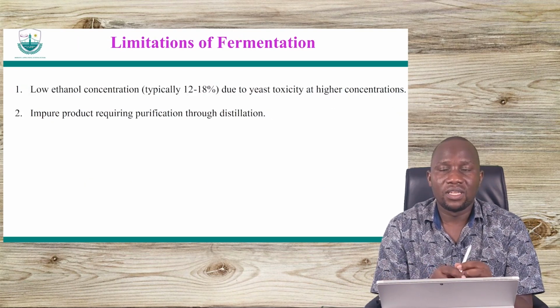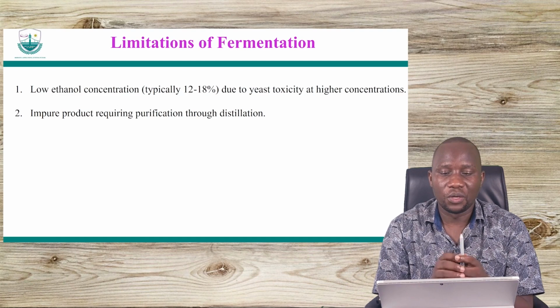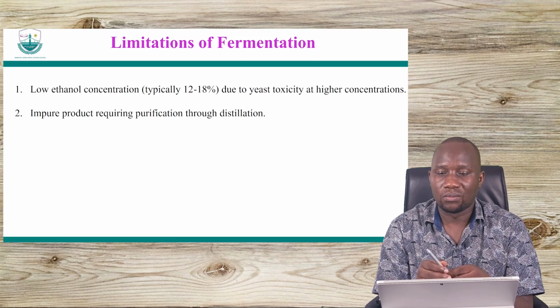The limitation of fermentation is that what you get is crude. It is not very concentrated, so it has low ethanol concentration due to yeast toxicity at higher concentration. That's one of the limitations of fermentation.